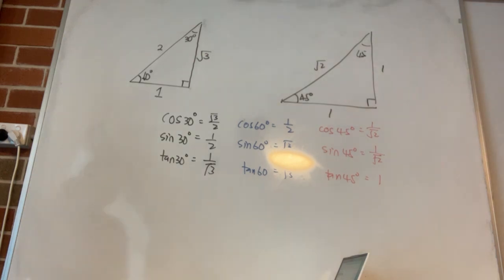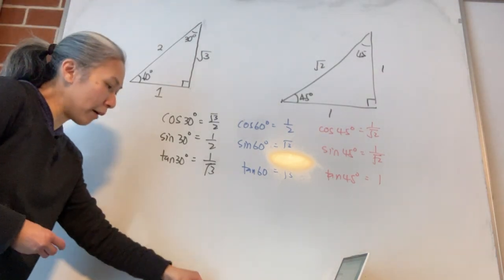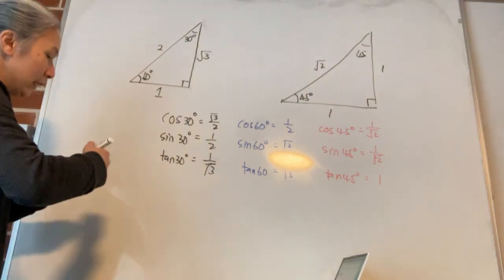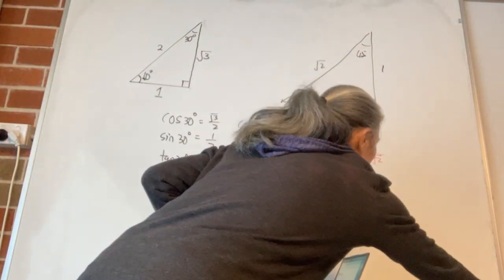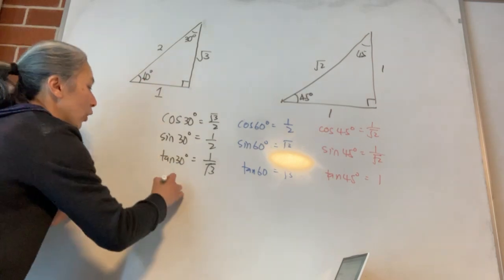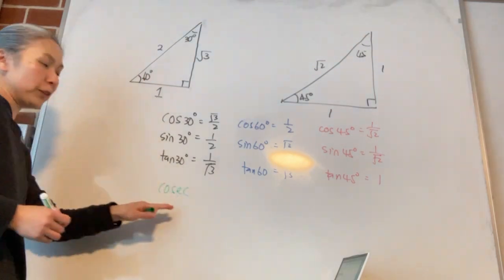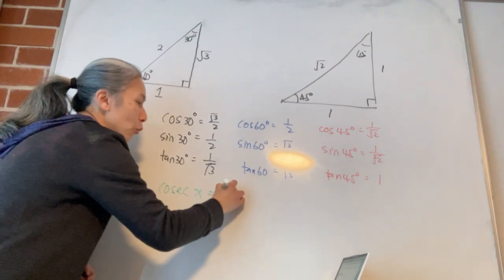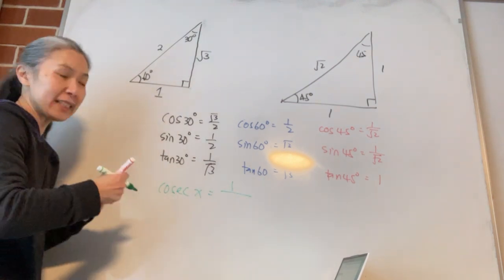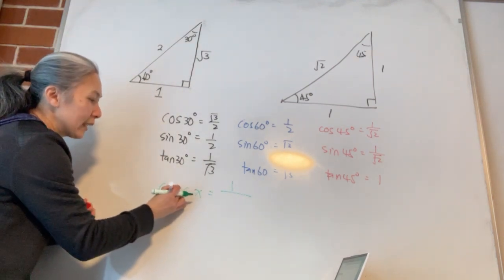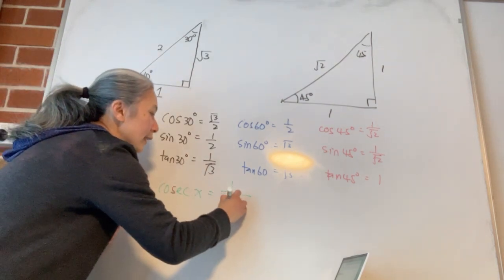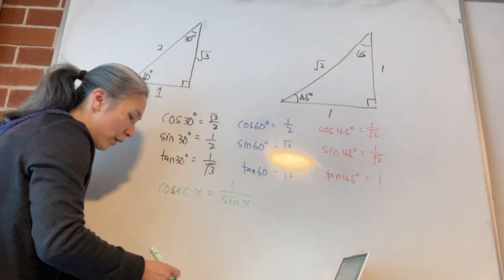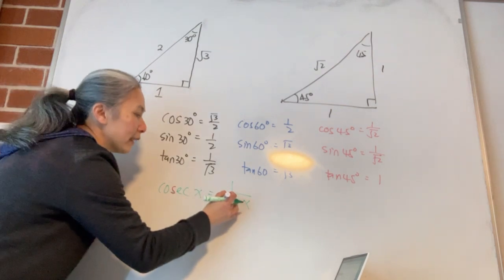Okay, then 3 more rules that are going to come along, starting with cosec. What is the meaning of cosec? If I ask you what is cosec x, you write it as 1 over, look at the third letter, which is s. So that means 1 over sine x. Always look at the third letter of it.